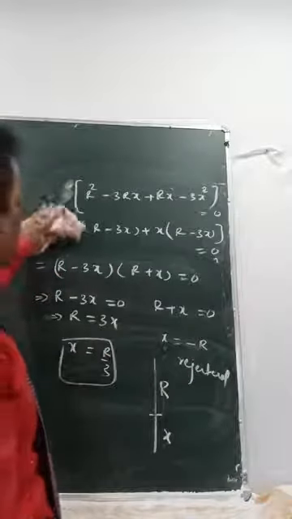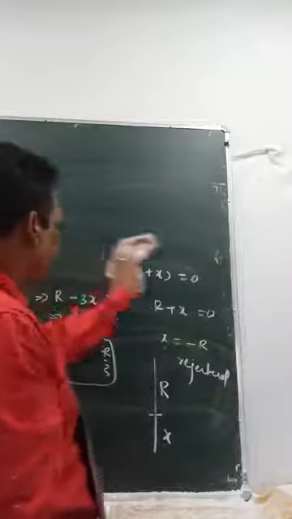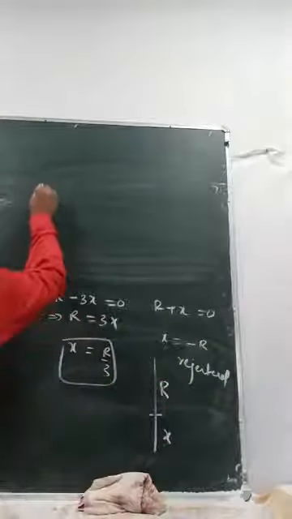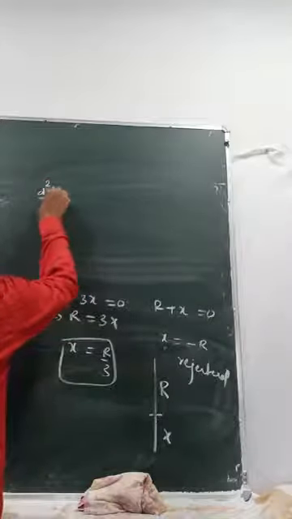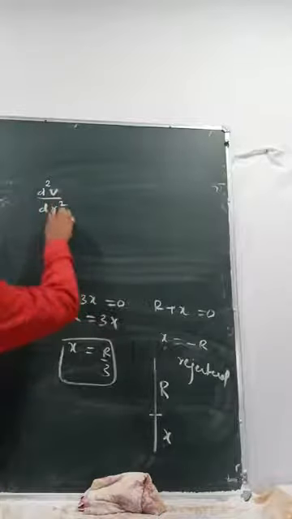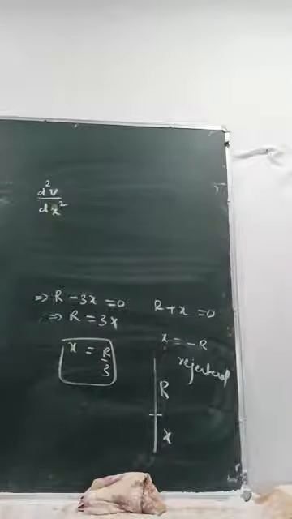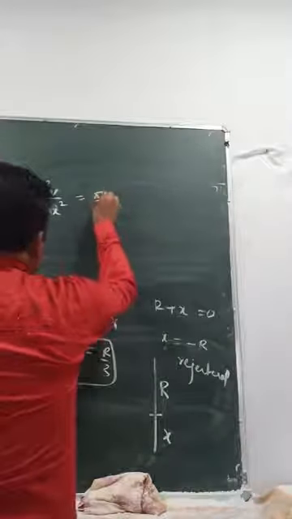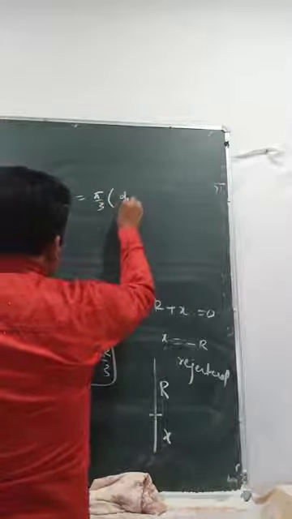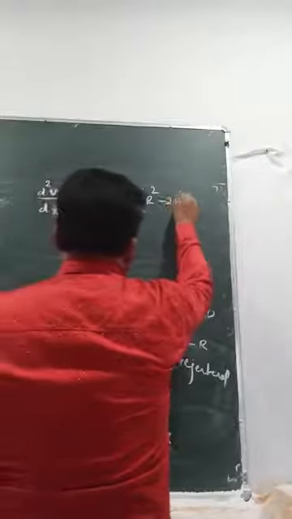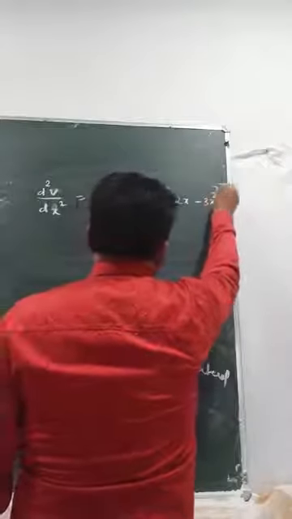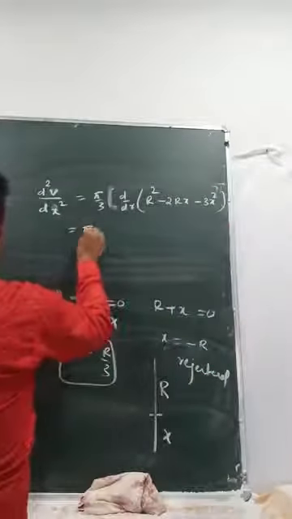Okay. Now I go back to find the second derivative. D square v by dx square. Pi by 3 constant, it was d by dr of r square minus 2rx minus 3x square. It was like this. Okay, pi by 3 will remain.